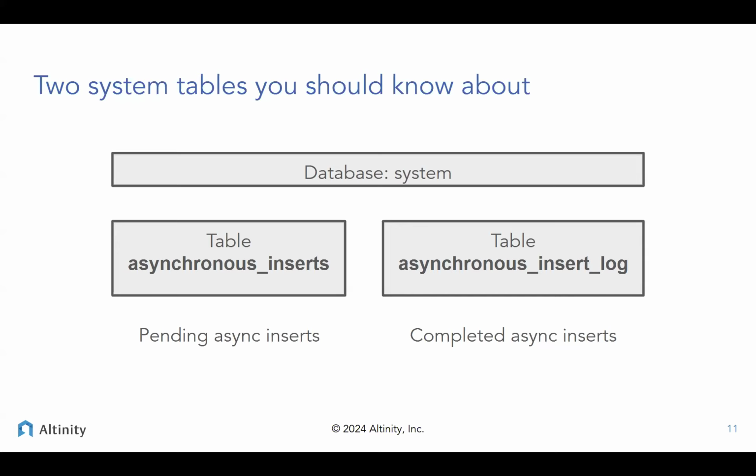Once it's no longer pending and has actually been inserted into the database, it'll go into the log. So you want to ensure that that log table is enabled, and then build your observability so that you can track, for example, how many pending async inserts you have at any given time, and also track how many you have over time. So these are super useful, and like all the system tables, very accessible, easy to understand.